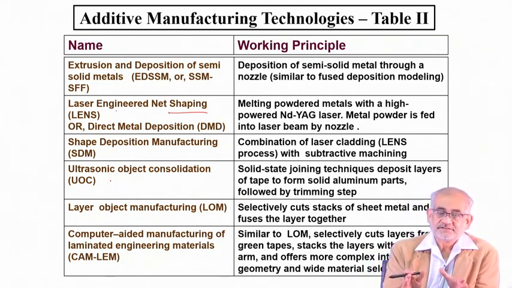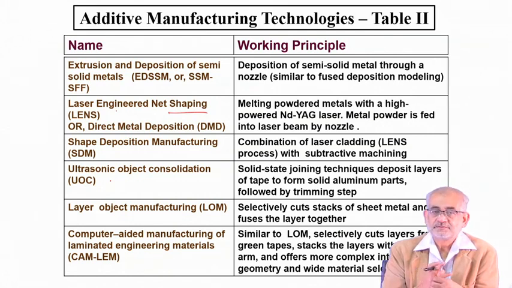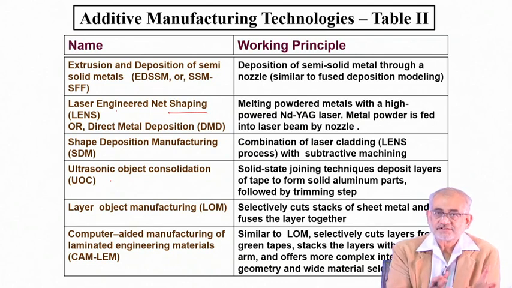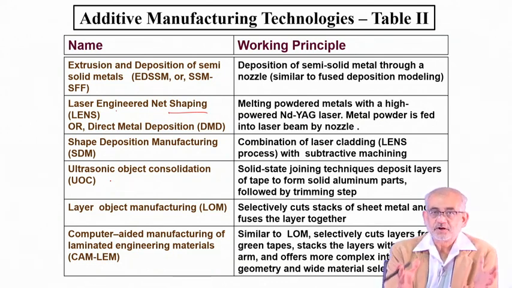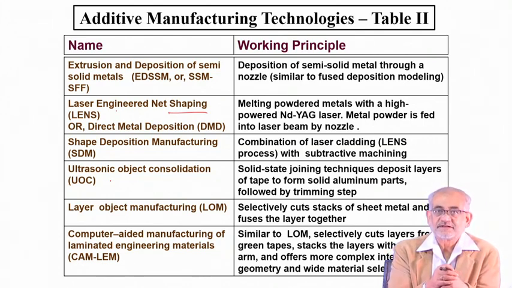But this is very much in its infancy. It's in the nascent state. Nobody can claim that tomorrow I am going to build a complete engine block using laser-based direct manufacturing, because it has to go through various forms of testing, characterization, and certification. Then only you'll have the reliability.